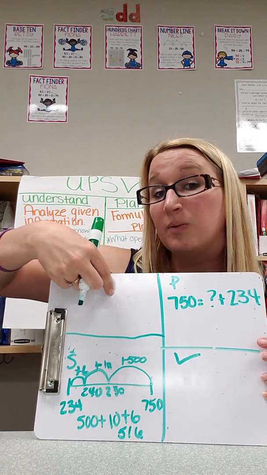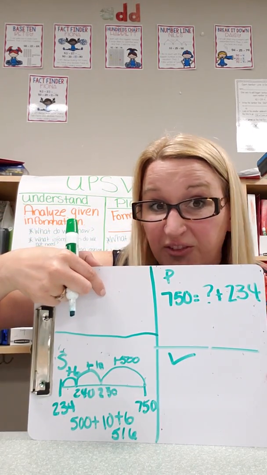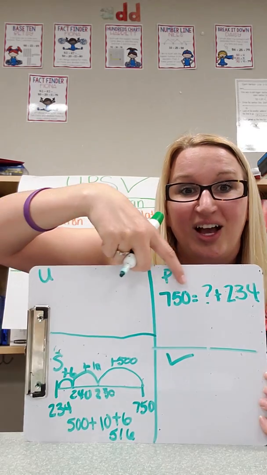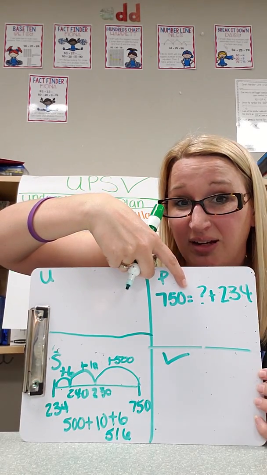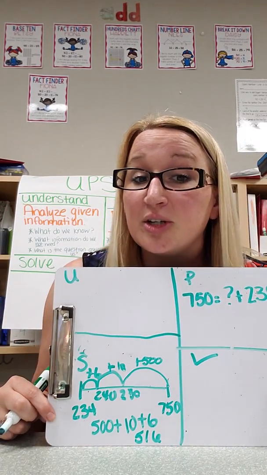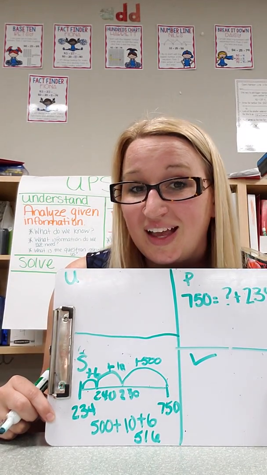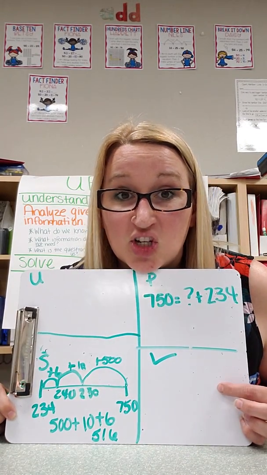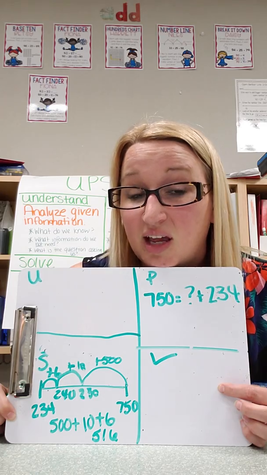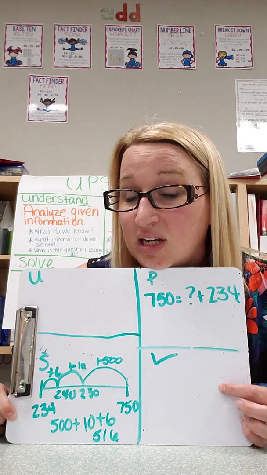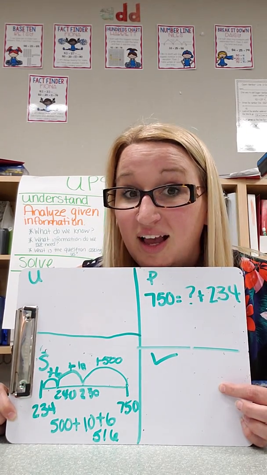So the first thing, we had to analyze our problem. We had to figure out, what is it asking us? We formulated a plan. We solved it using a strategy. Now we got to justify and check it. Sometimes a justification is just another strategy to prove your answer.